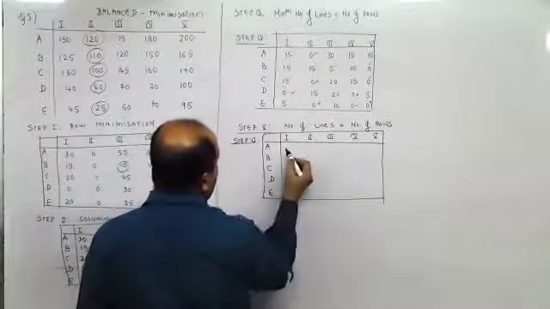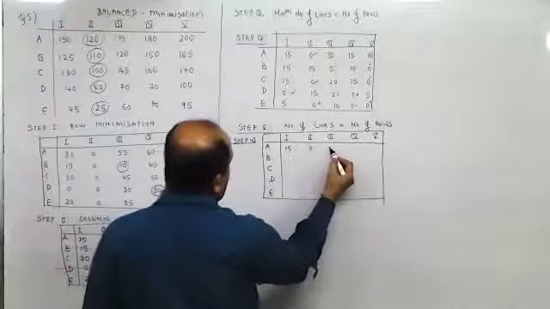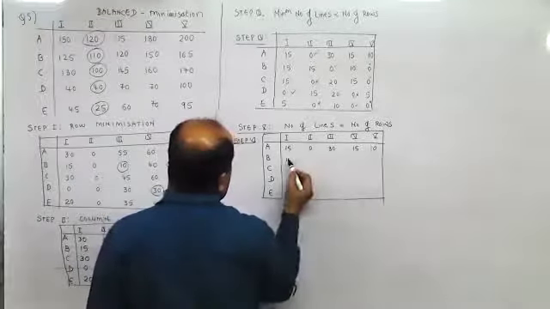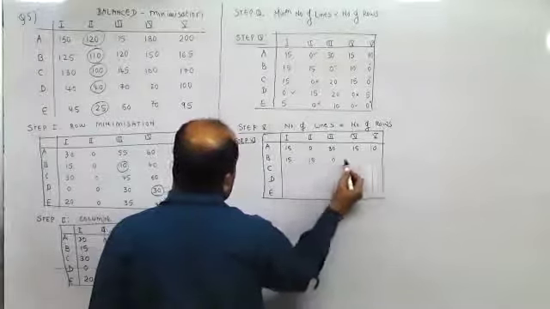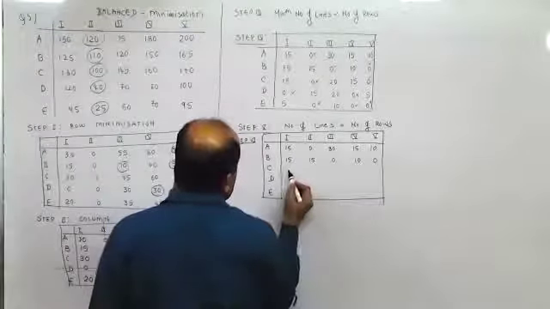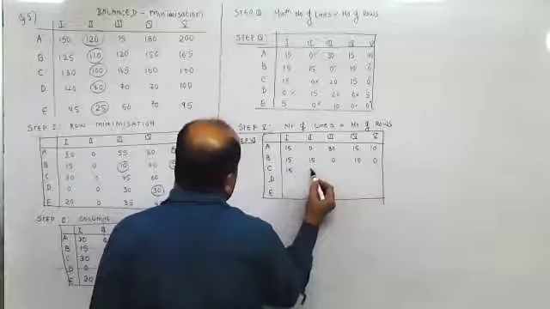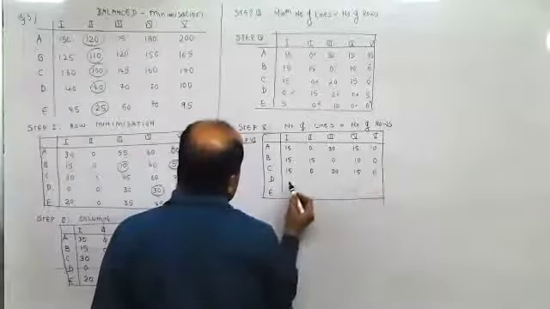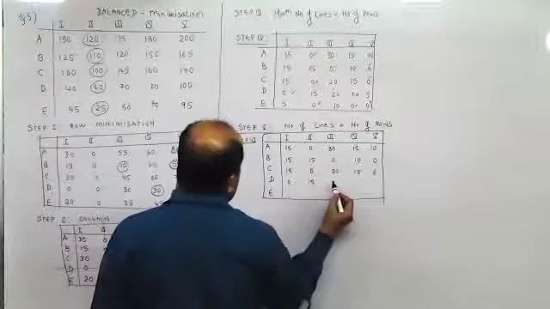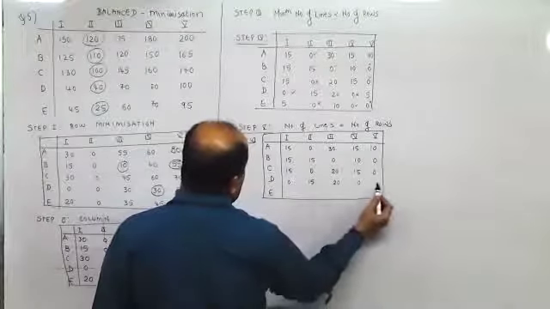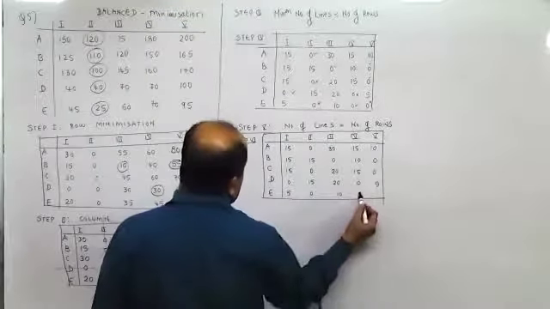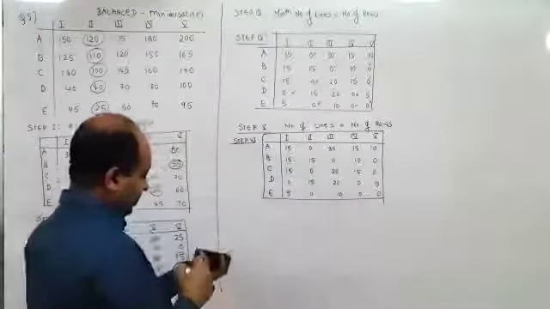This would be 15, 0, 20, 15 and 0. 0, 15, 20, 0 and 5. 5, 0, 10, 0 and 0.